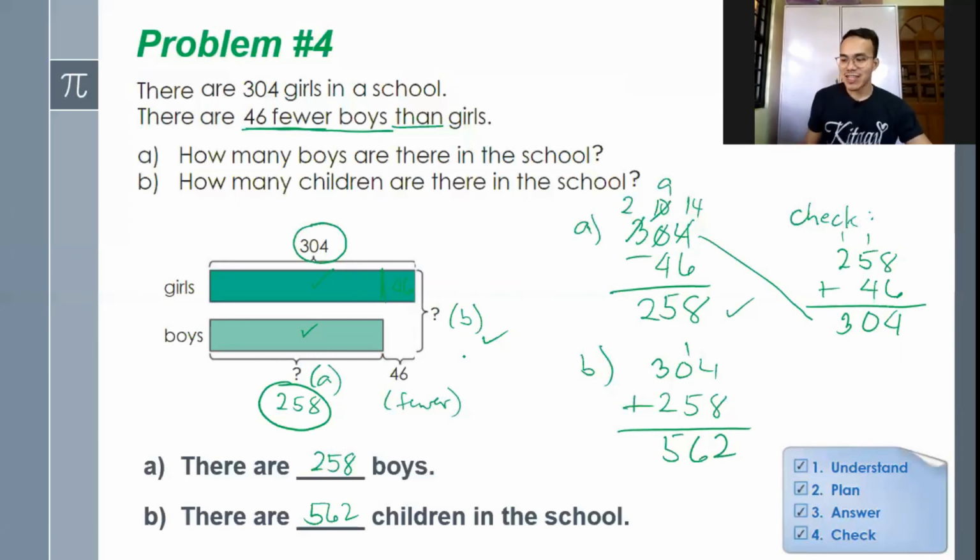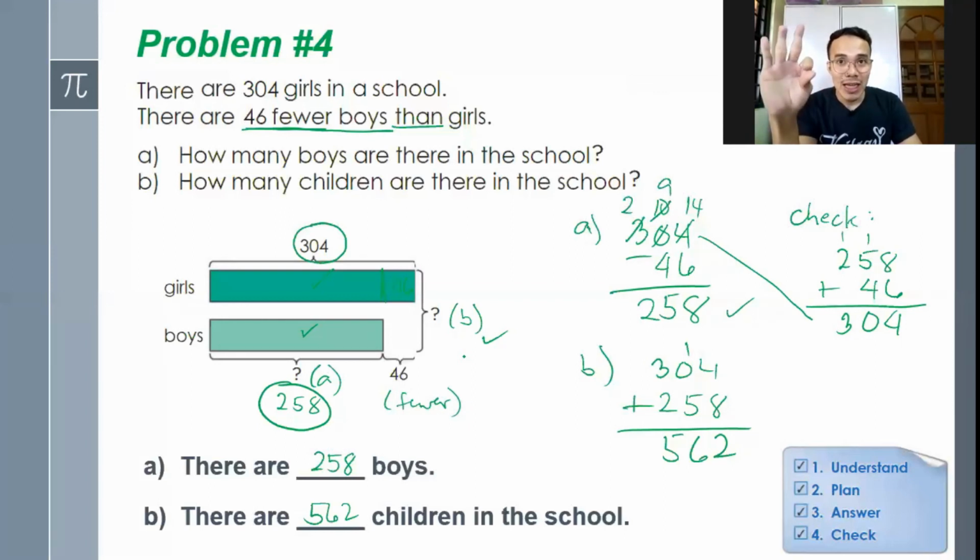Okay? So that's how you are going to solve a word problem. Just follow the UPAC process. U, understand the problem. P, you plan what to do. You can draw a model, and you have to decide what model is appropriate for this particular problem.